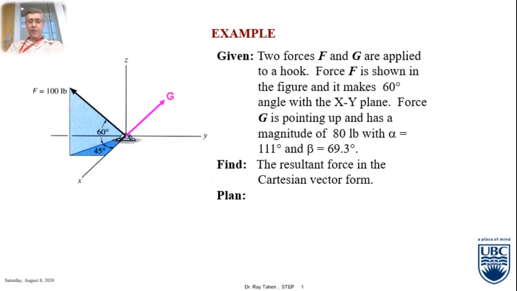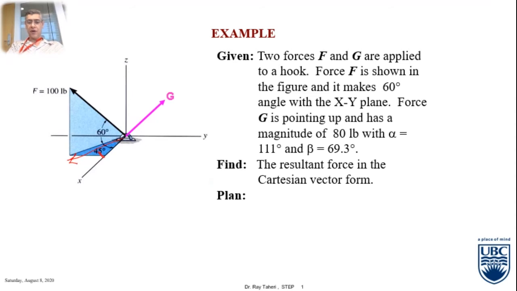So now vector f makes 60 degrees with the xy plane, and the projection on xy has an angle of 45 degrees with the x. That's one. And then the next thing is the vector g has a magnitude of 80, and alpha and beta are given.